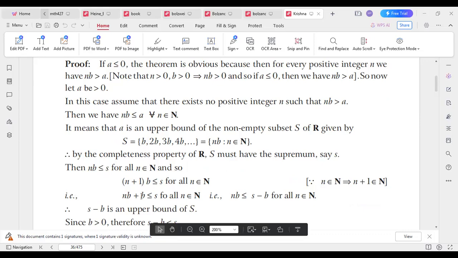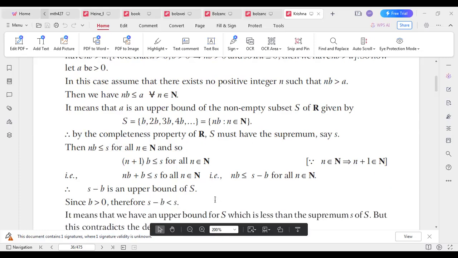In that case, nb plus b is less than or equal to s for all natural numbers n, and nb is less than or equal to s minus b for all natural numbers n. So s minus b is an upper bound of the set S. Since b is greater than 0, therefore s minus b is less than s.